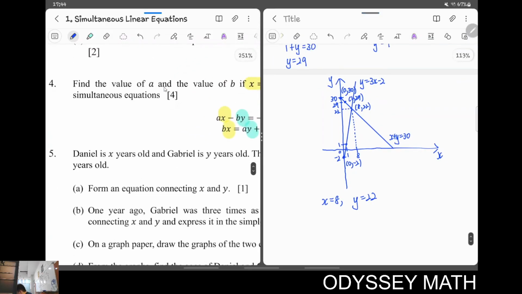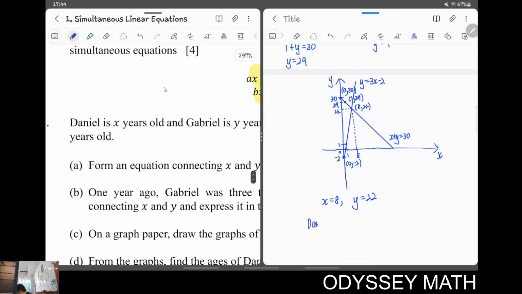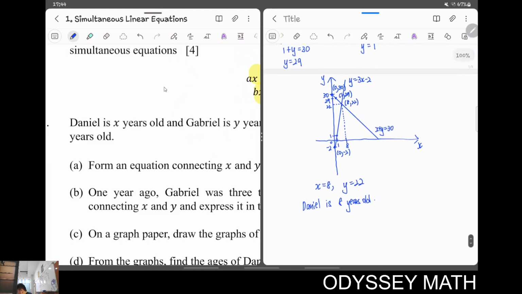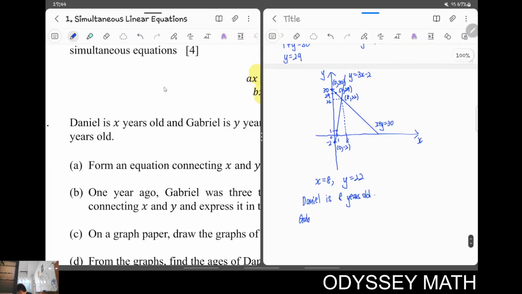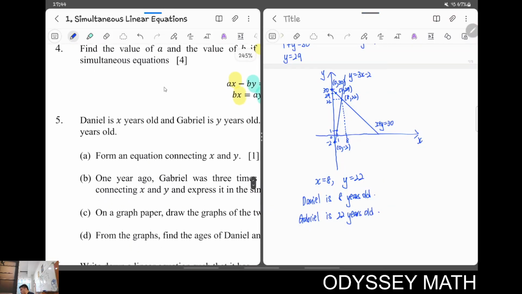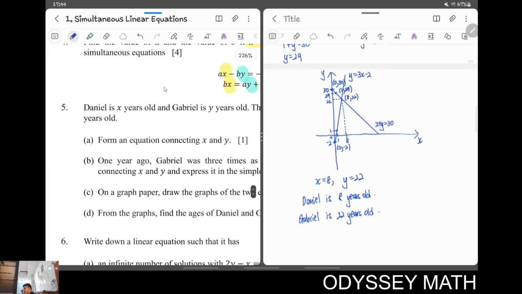So Daniel is x years old, so Daniel is 8 years old. And Gabriel is 22 years old. So that would be for my question number 5 using the graphical approach. You should know how to do the graphical approach by now.